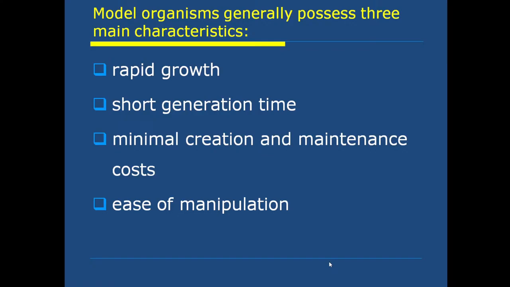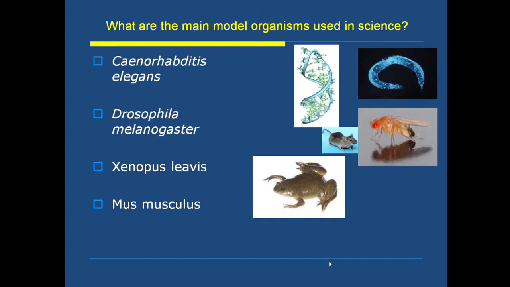Model organisms generally possess three main characteristics: rapid growth, short generation time, minimal creation and maintenance costs, and ease of manipulation. As usual, we use model organisms in investigation in medicine and biology.